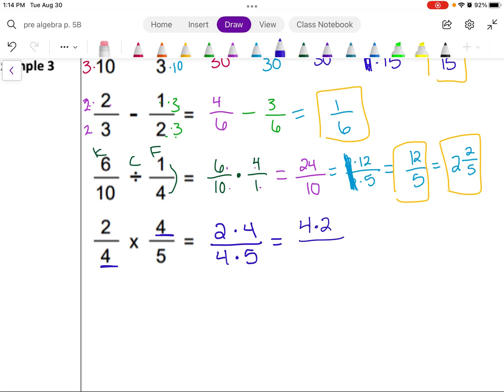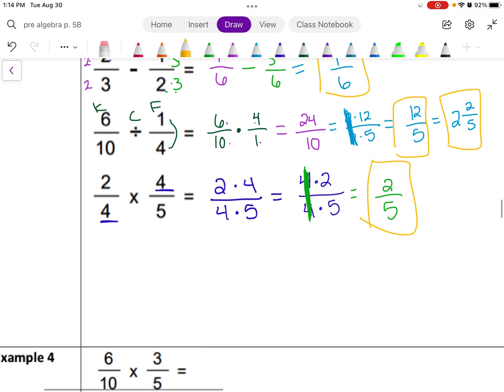So I'm going to write this as 4 times 2 over 4 times 5. So notice, now we've got 4 over 4 in our fractions, so these simplify to 1. So we're just left with 2/5 as our answer. So for this one, we actually simplified before we multiplied in order to find our answer.